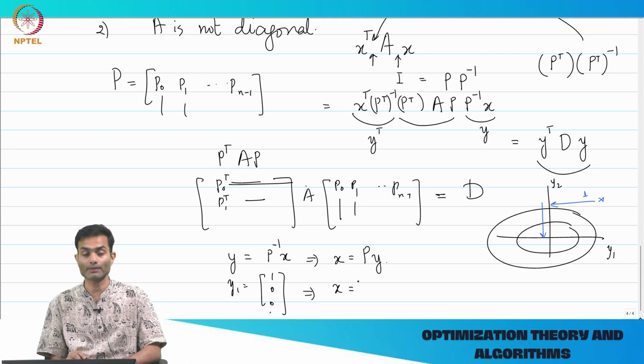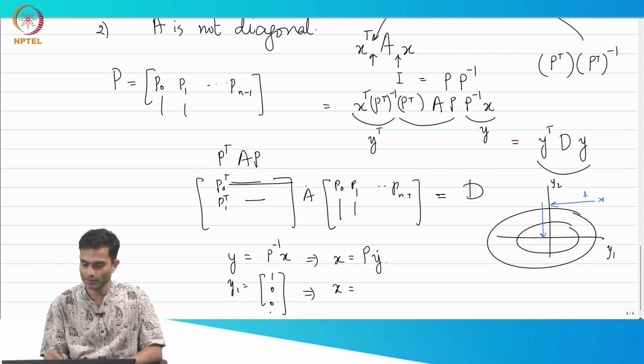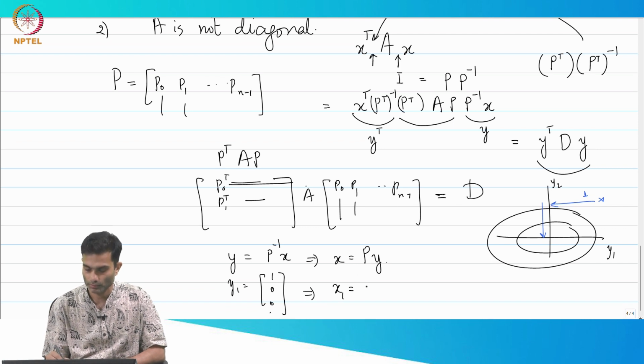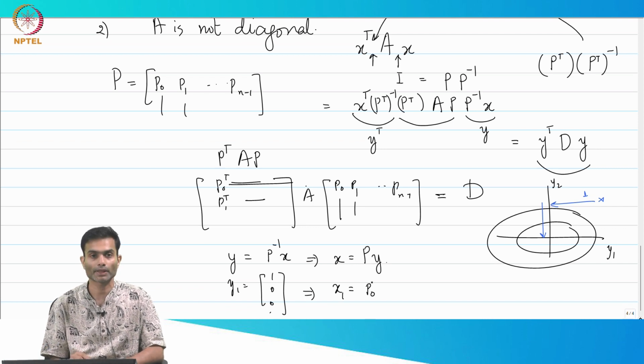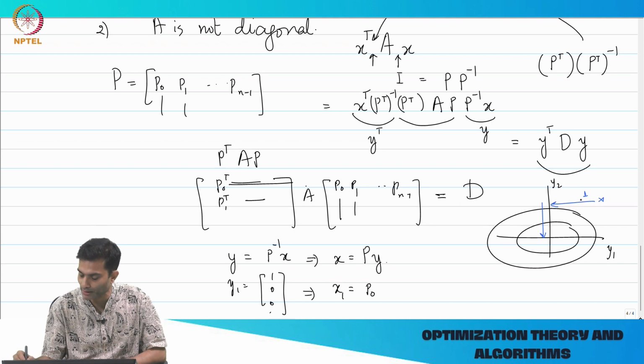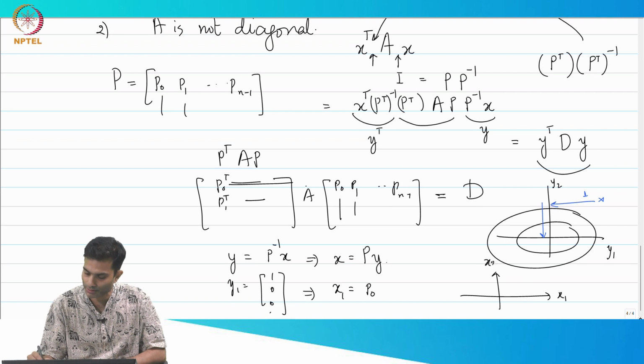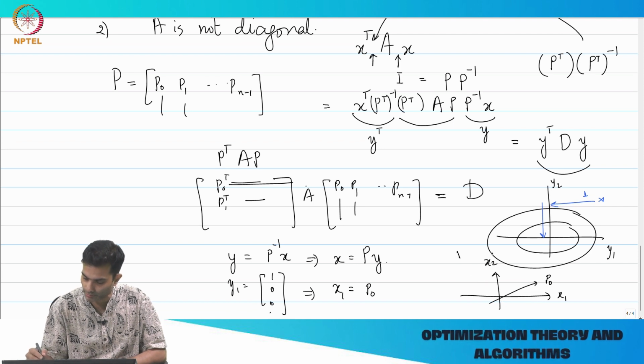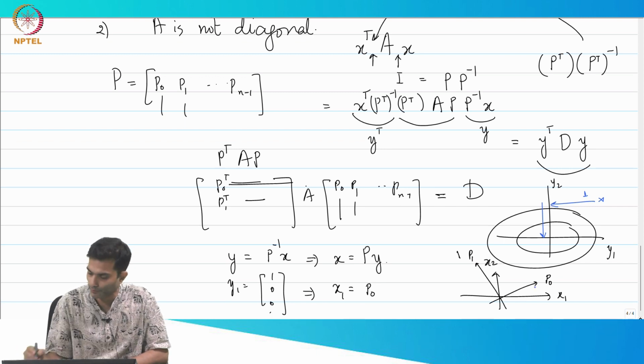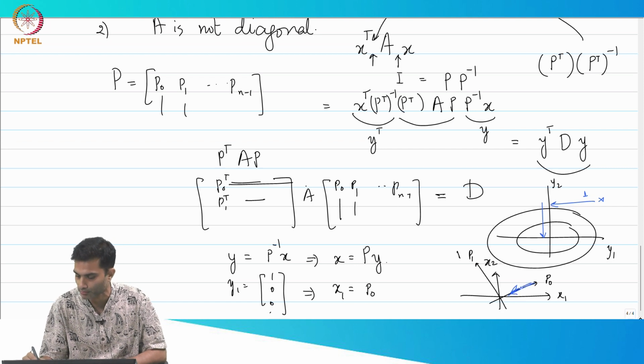Which column of P will get extracted when I multiply by Y1? Only the first column, which is P0. So if I am walking along the Y1 axis, in the X1, X2 space, P0 and P1 need not be perpendicular. So the first move is going to be along this direction.